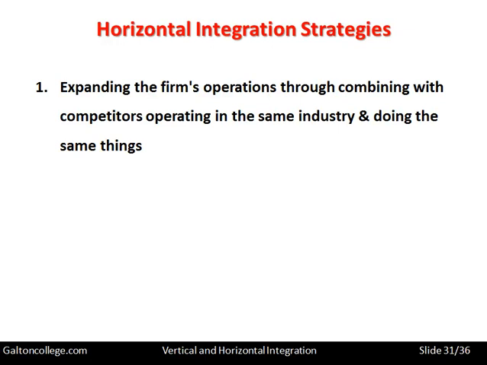So it shares the buying with some of its competitors. It may not sound very logical, but it is, because it's reducing costs, and it's in both their interest. So horizontal integration is a possible strategy for growth.